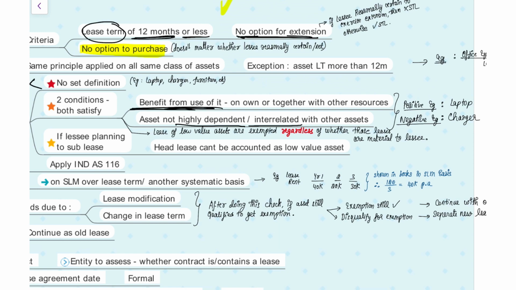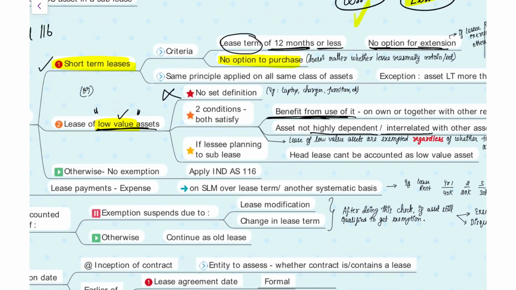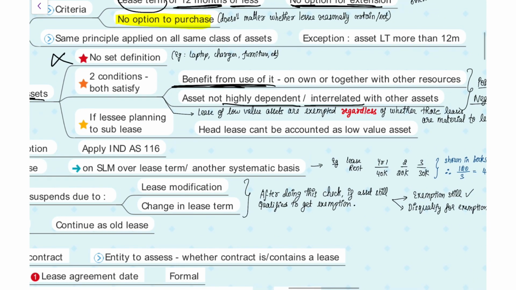That laptop charger is highly dependent on the laptop. If you give a laptop charger to someone who doesn't have a laptop, the charger is of no use, right? So the second condition does not get fulfilled here. So a laptop charger cannot come under the definition of low value assets. I hope you understood this.